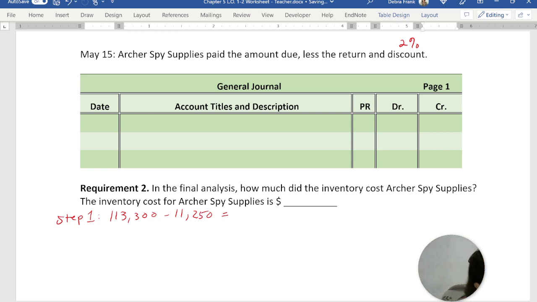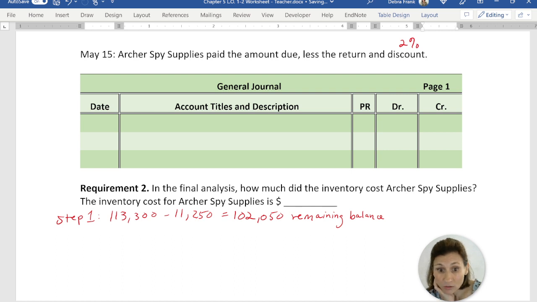So what's left remaining is 102,050. If you can double check me with a calculator. And that is my remaining balance. All right, perfect, back. So that's my remaining balance that I have, and I paid within. Don't forget, that's what's sitting there right now in accounts payable.